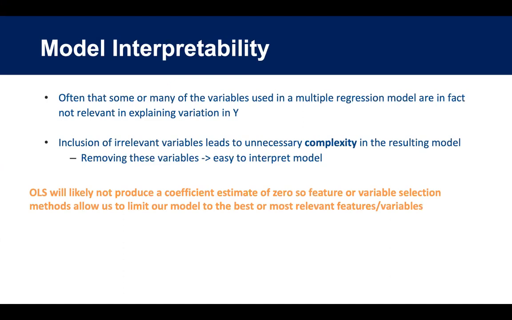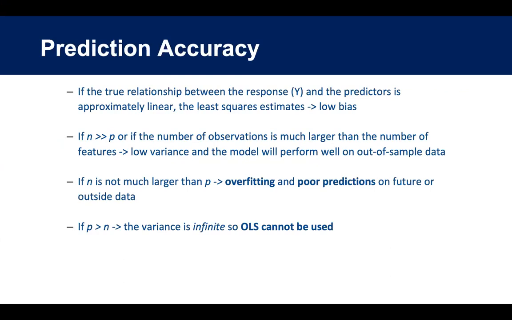So just a point here on accuracy, because I am going to cover that in more detail in a bit. But if the true relationship between our y and the independent variables is approximately linear, then the ordinary least squares estimates will likely give us low bias. If the number of records is much larger than the number of independent variables, we will likely get low variance, and the model will perform well on some out-of-sample or new data.